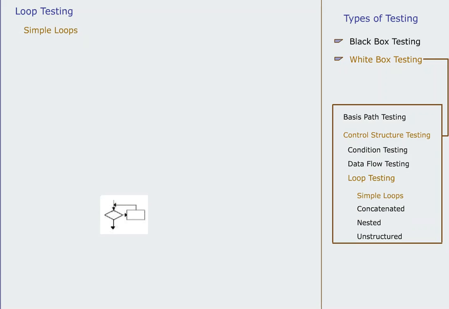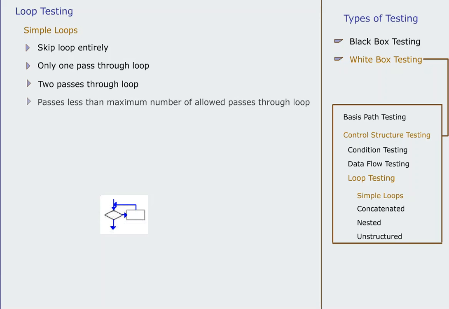Simple loop: skip loop entirely, only one pass through loop, 2 passes through loop, passes less than maximum number of allowed passes through loop, passes greater than or equal to allowed number of passes through the loop.